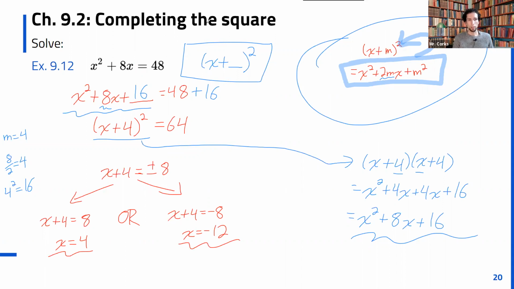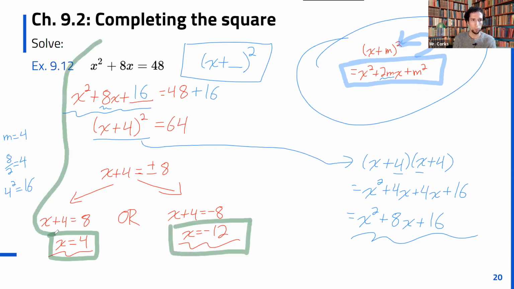If we want to check our solutions, just like all of our previous cases, we can take these numbers and substitute back into the original and make sure it works. So 4 here: 4 squared is 16, 8 times 4 is 32, 16 plus 32 is 48.